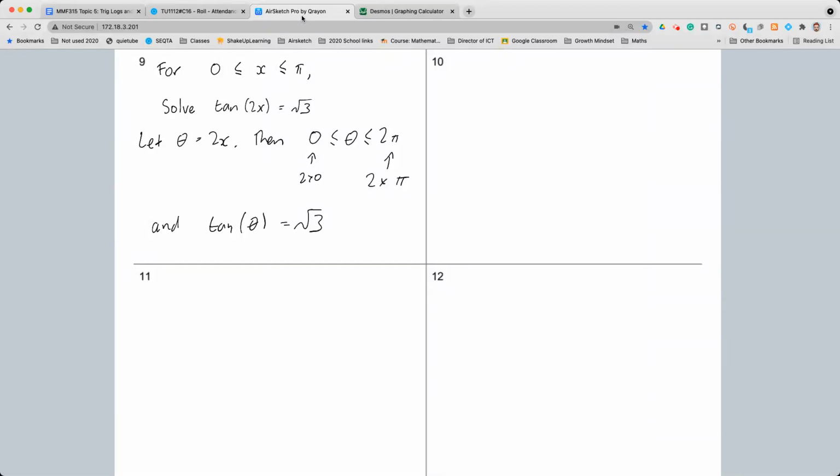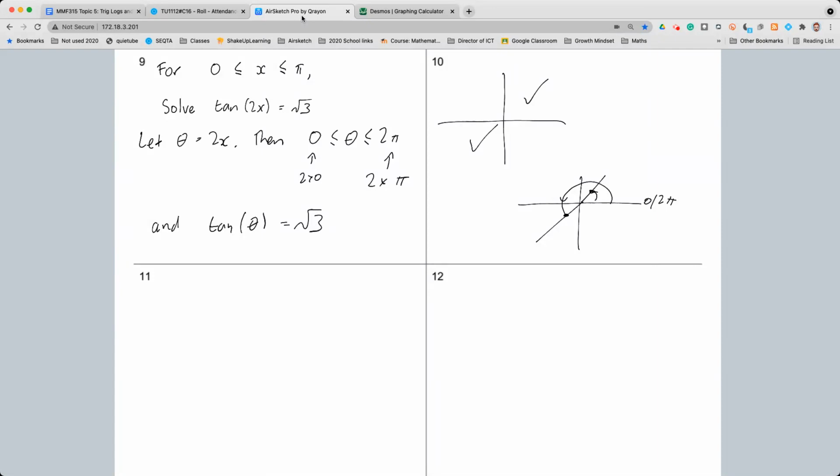So now we're dealing with theta, where tan theta equals positive root 3. Where is tan positive? First quadrant and third quadrant. And we've got now not between 0 and pi, but between 0 and 2 pi, which means our angle is going to be either here or here. There's our 2 angles for theta.